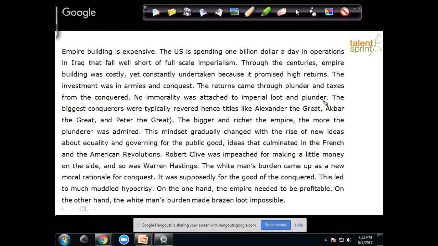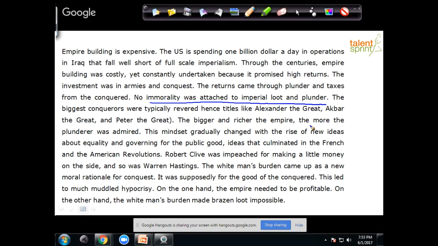See, it says here no immorality was attached to imperial loot and plunder. The biggest conquerors were typically revered, hence titles like Alexander the Great, Akbar the Great. The bigger and richer the empire, the more the plunder was admired.